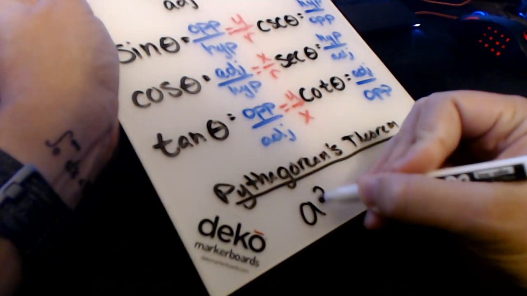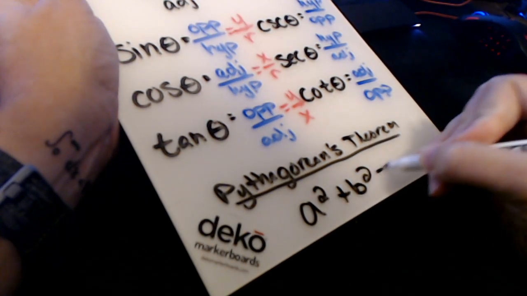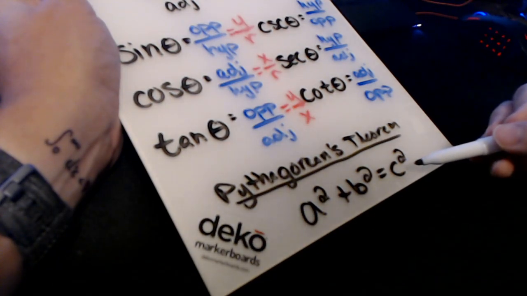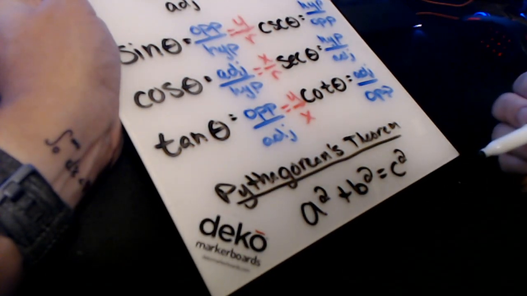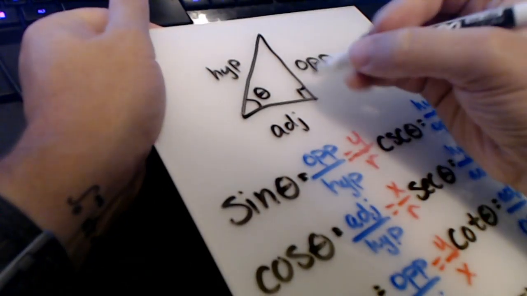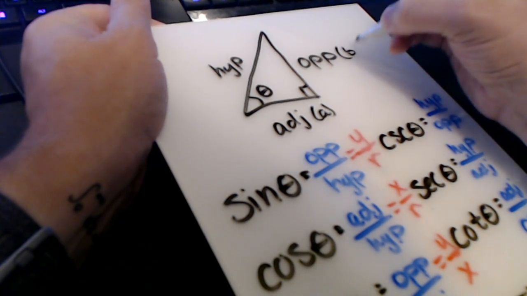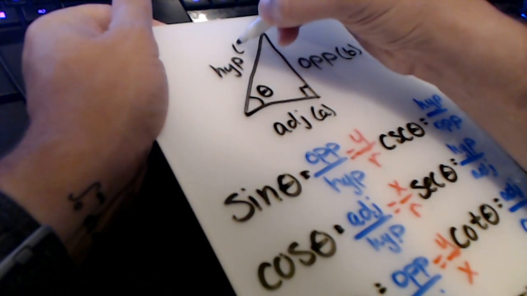It is a squared plus b squared is equal to c squared, where c is your hypotenuse, and a and b are whatever leg you feel like designating them to on the triangle. So in this case, you could call your adjacent the a side, opposite the b side, and the hypotenuse is always the c.